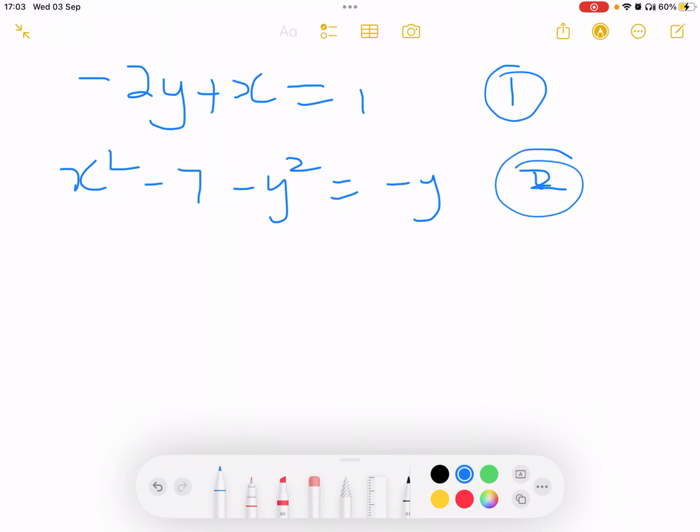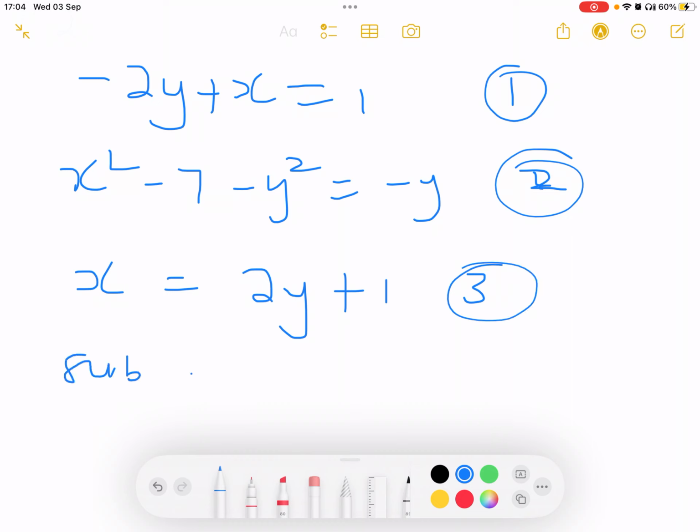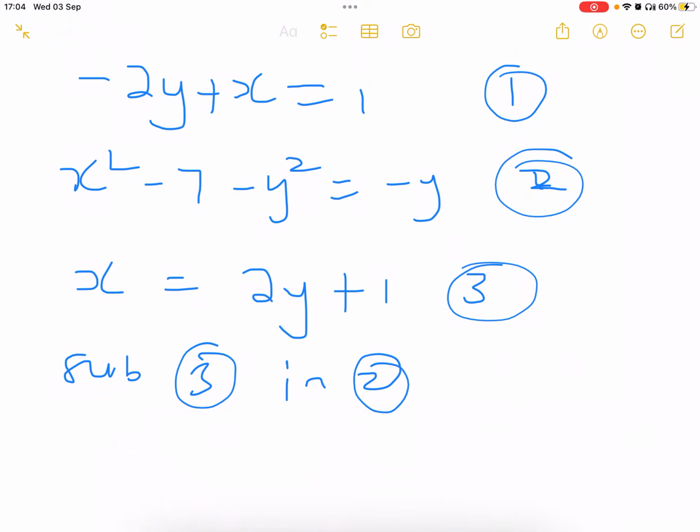Then we have to make a third equation because there's no equation that defines either x or y. So we choose the simplest, which is equation 1. So therefore, x equals 2y plus 1 or 1 plus 2y. It's the same. So that's equation 3. And then we substitute equation 3 in equation 2. That's mostly quadratic.